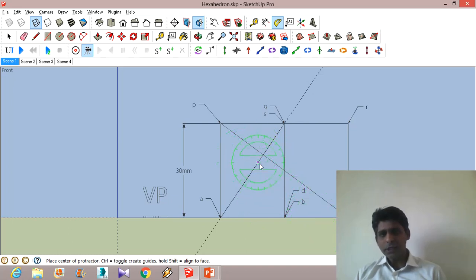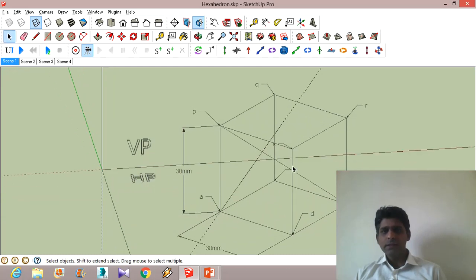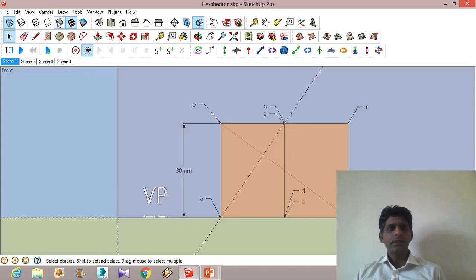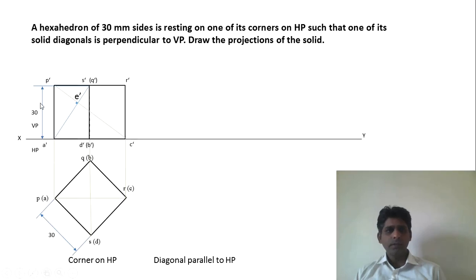This particular angle is 90 degrees, and it is passing through this corner and the center of the top surface, and it is perpendicular to the body diagonal. So as it can be seen in this particular view, this is what we have drawn now.